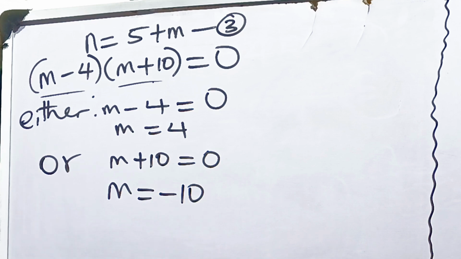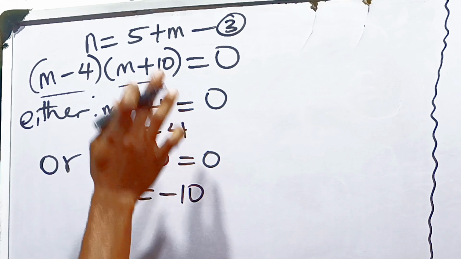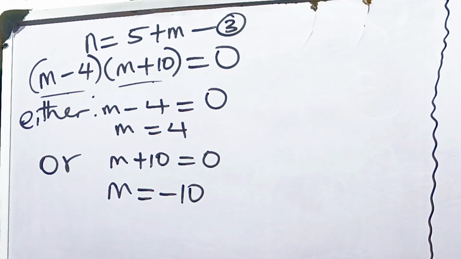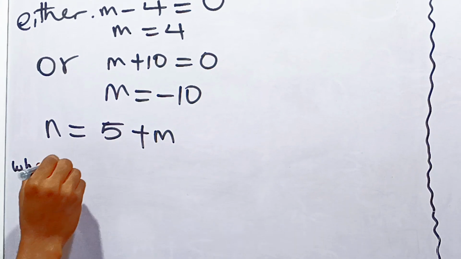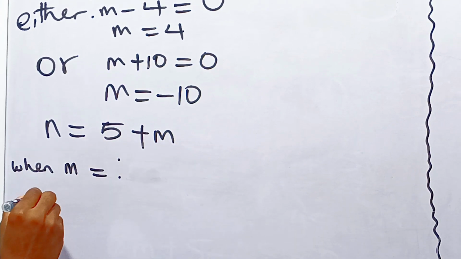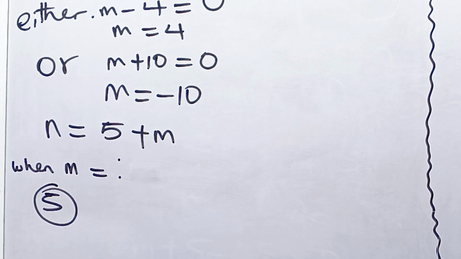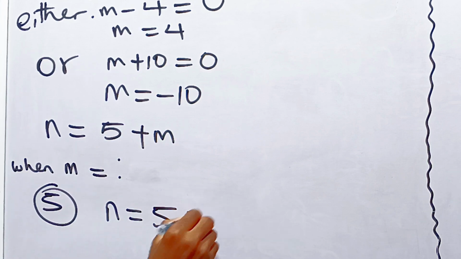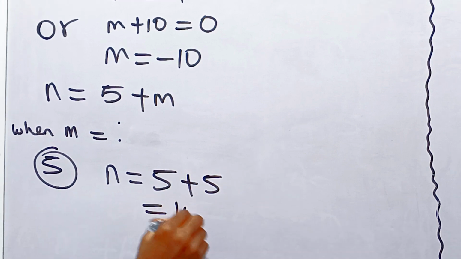Now let's go ahead and substitute this answer in our equation 3 to get our n. According to equation 3, n is equal to 5 plus m. When m is equal to 5, n will be equal to 5 plus 5, which is equal to 10.